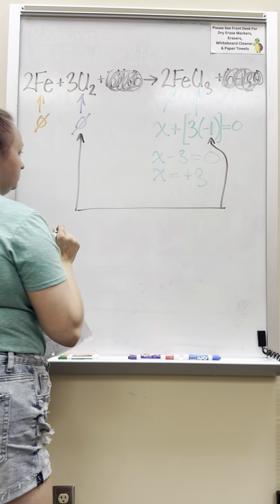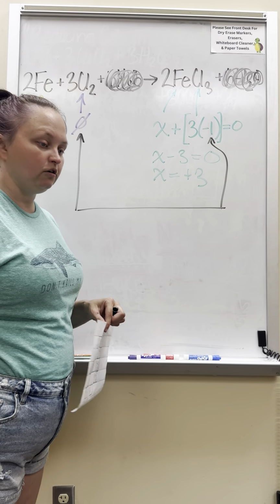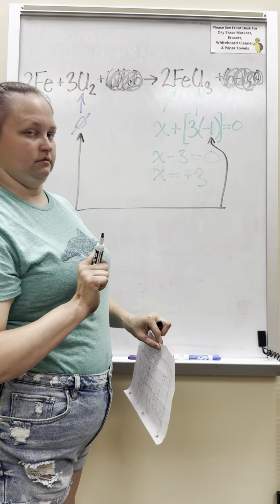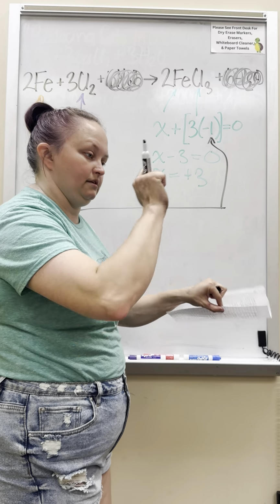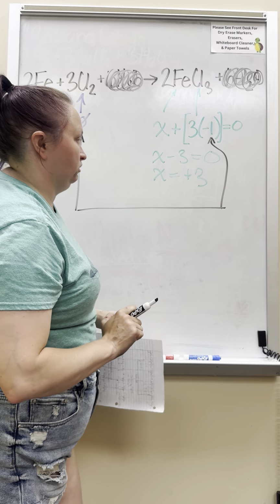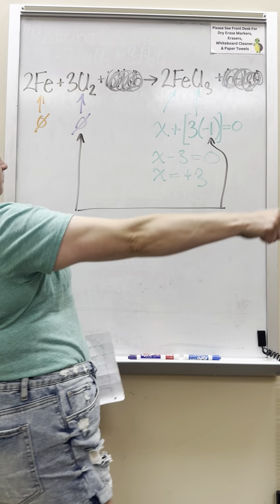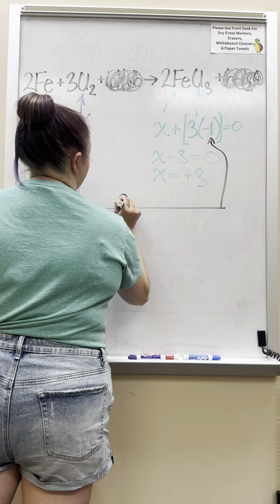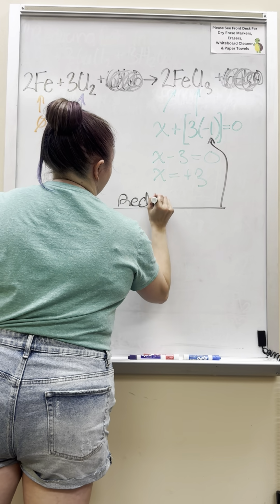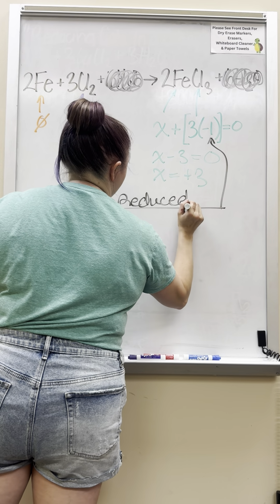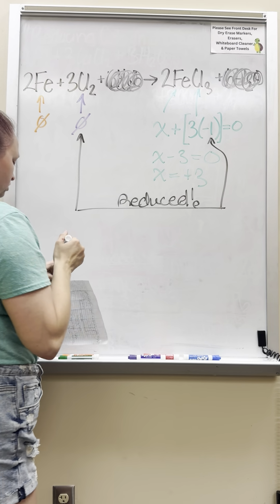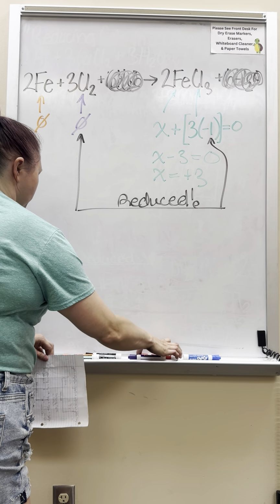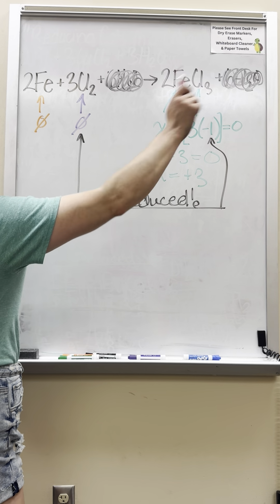In this case, you are in fact climbing down the stairs, or climbing down the rungs of the ladder, however you want to look at it. You're going more negative. All right, so reduced, which means our oxidizing agent is the opposite.